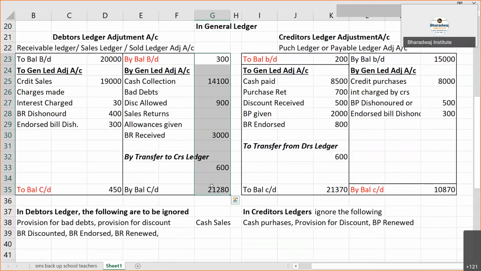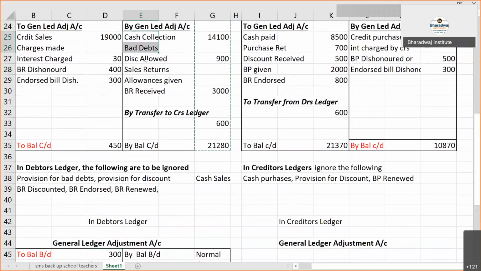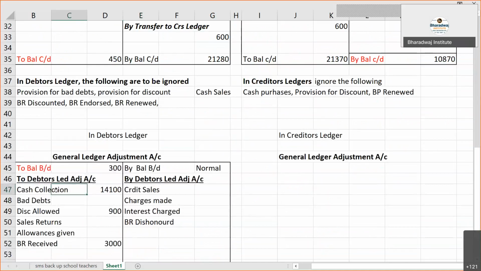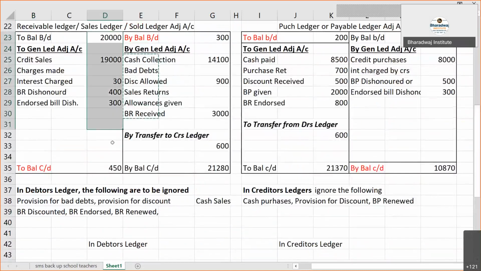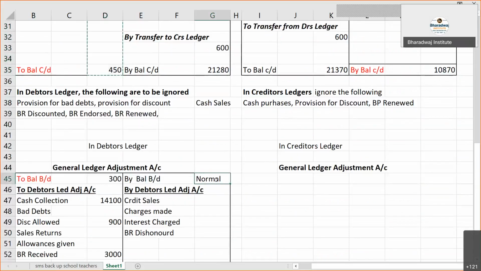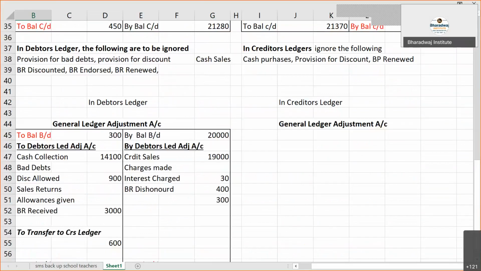The credits will come in the debit side, and whatever is debited will come in the credit side. It is simple to prepare.